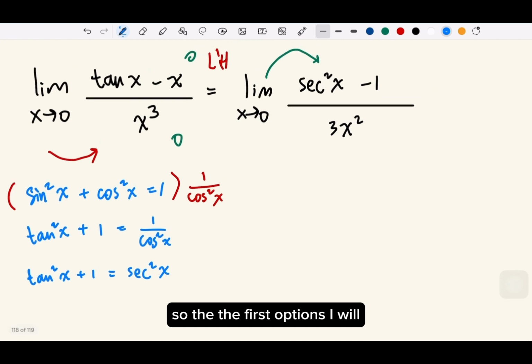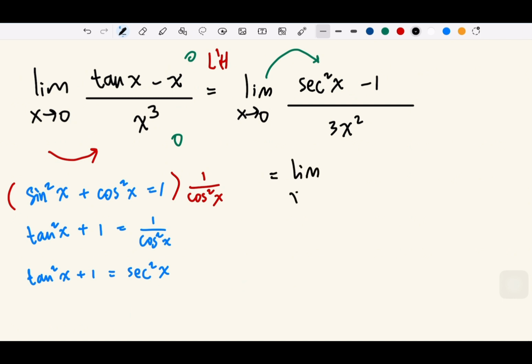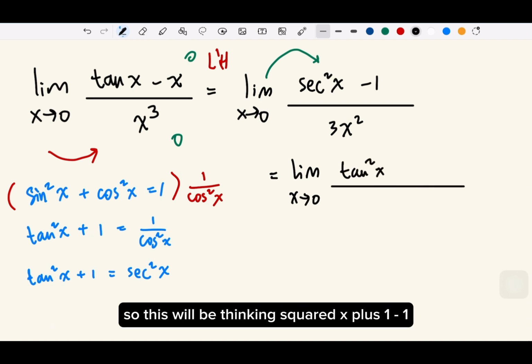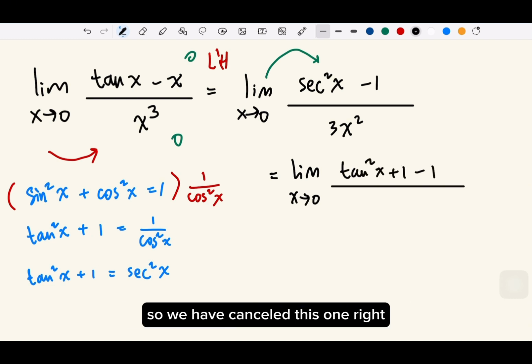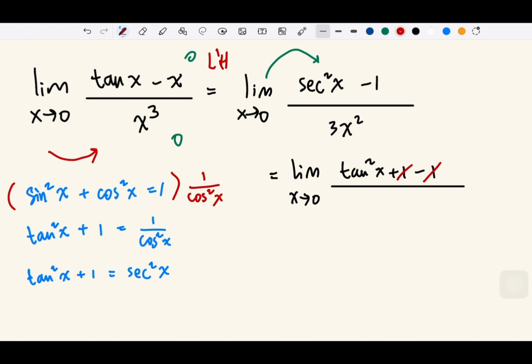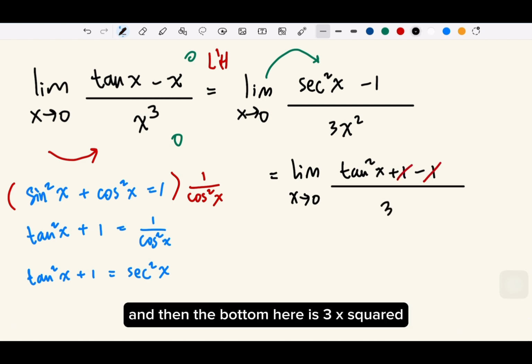So for the first option, I will use this way. So this will be the limit of tangent squared x plus 1 minus 1, so we have cancelled this one, right? And then the bottom here is 3x squared.